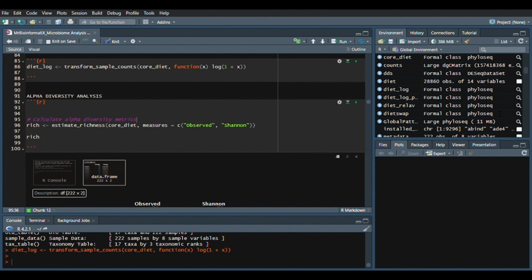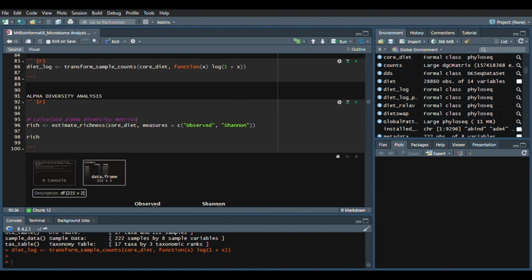Regarding evenness, roses dominate the garden, while tulips, daisies, and sunflowers are less common. This results in low evenness. So the conclusion: the alpha diversity of this garden can be described as having moderate richness, but low evenness when a species dominates. Key metrics of alpha diversity are, for example, observed richness and also Shannon diversity.